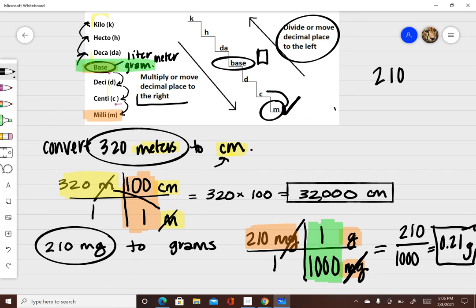And I'm moving up the scale 1, 2, 3 steps, right? So I'm going to move my decimal place to the left 3 steps. My decimal place is hidden right now, so I just made it clear on my value. And if I move it 3 steps to the left, I go 1, 2, 3, and I place my new decimal place in there.